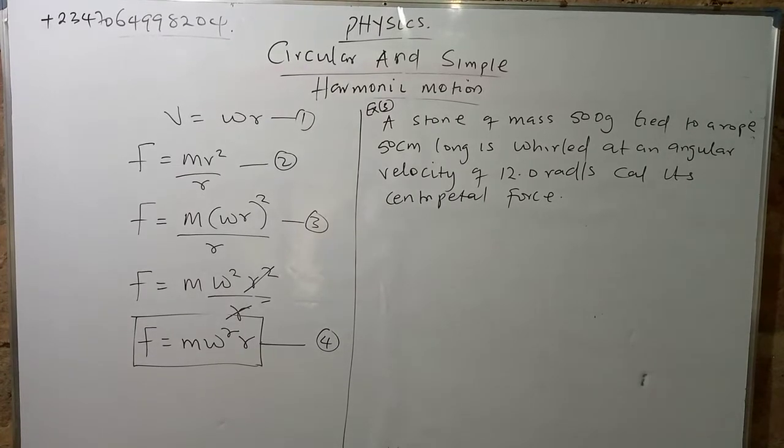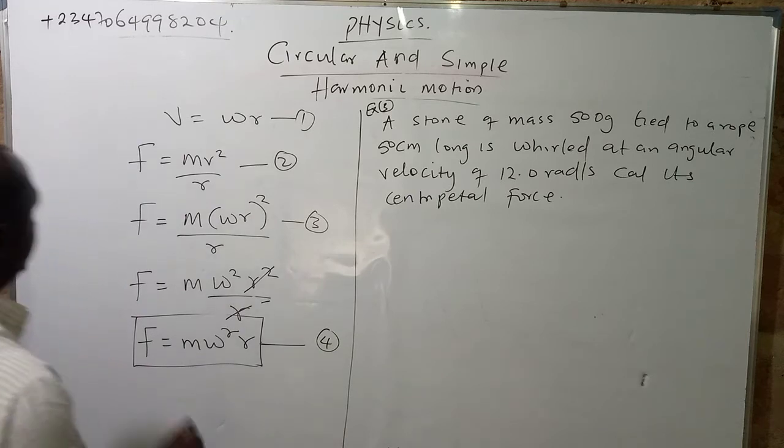And so you have this question: a stone of mass 500 grams tied to a rope 50 cm long is whirled at an angular velocity of 12 rad per second. Calculate its centripetal force. Now, this formula I proved.